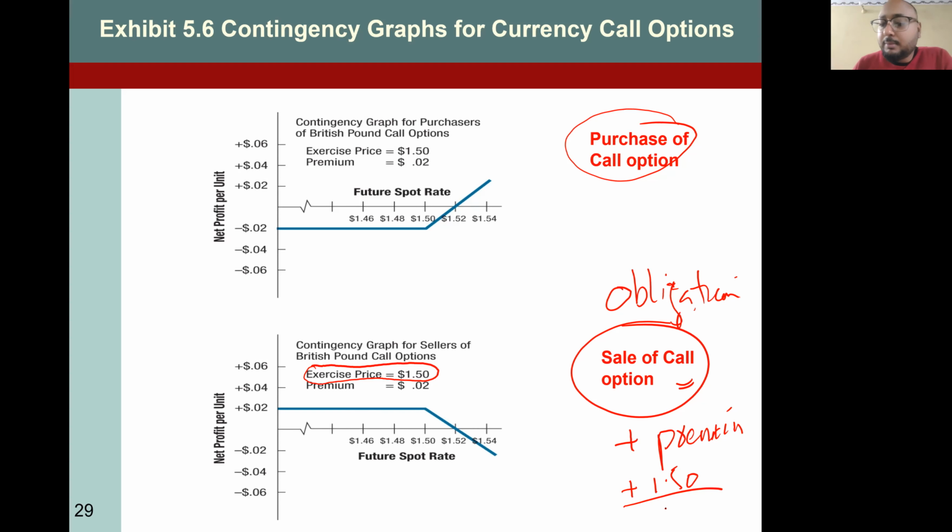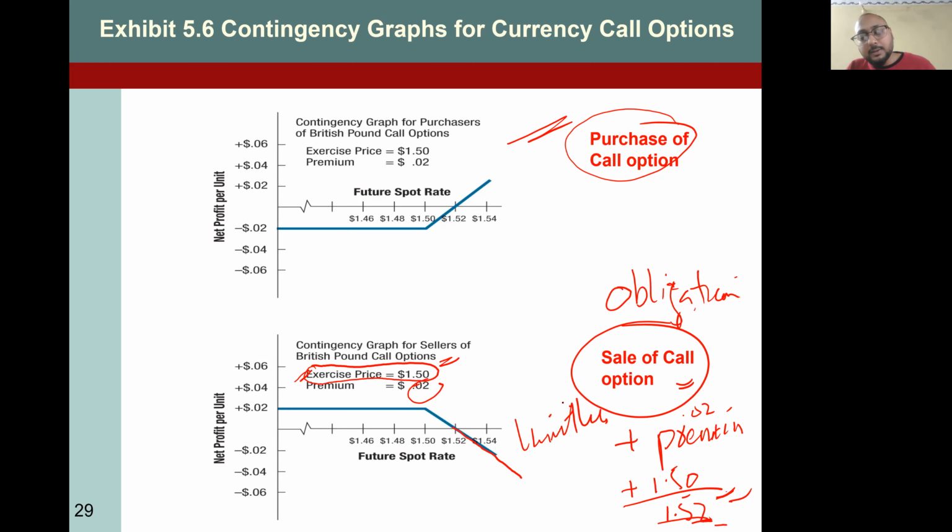That is the maximum amount the seller can receive from the purchaser. If the price in the market goes above 1.53, that is a loss for the seller, because the seller has already locked his price at 1.5 and received a 0.02 premium against every pound. If the pound price exceeds 1.52, that would be the loss. And you see, the loss is also limitless.